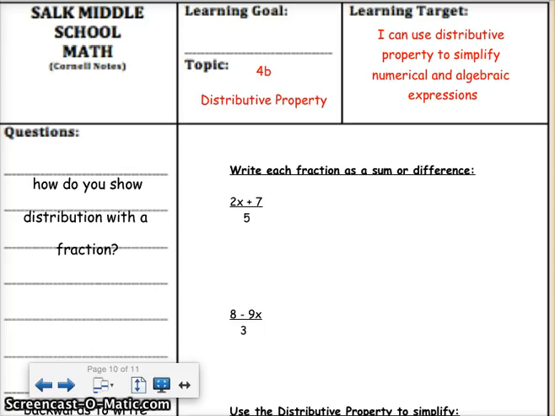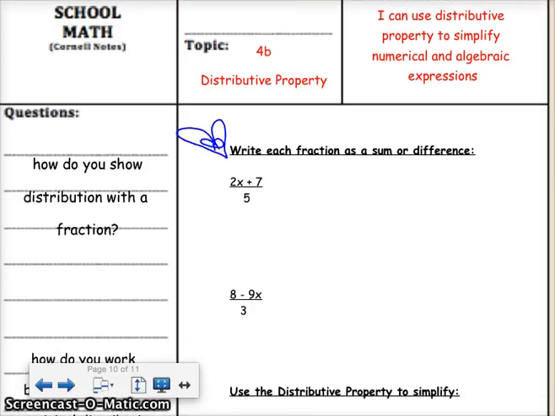Okay, the next application of the distributive property is another working backwards one, where we can write one fraction as a sum or a difference. So notice if I have 1/2 plus 3/2, can I turn that into 1 plus 3 over 2? Do you agree with that?